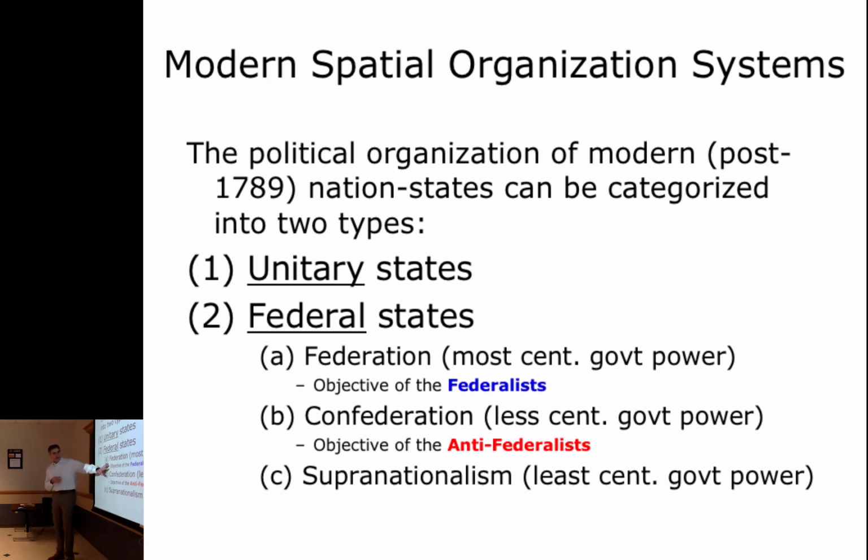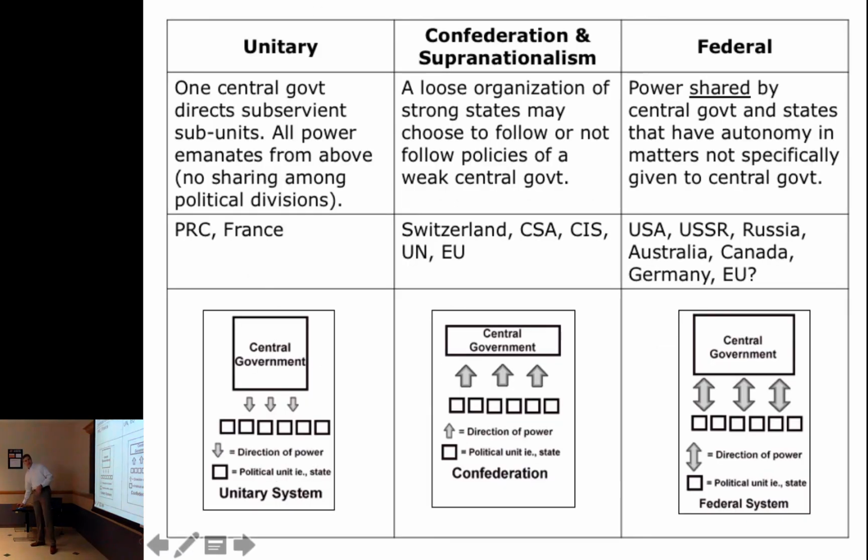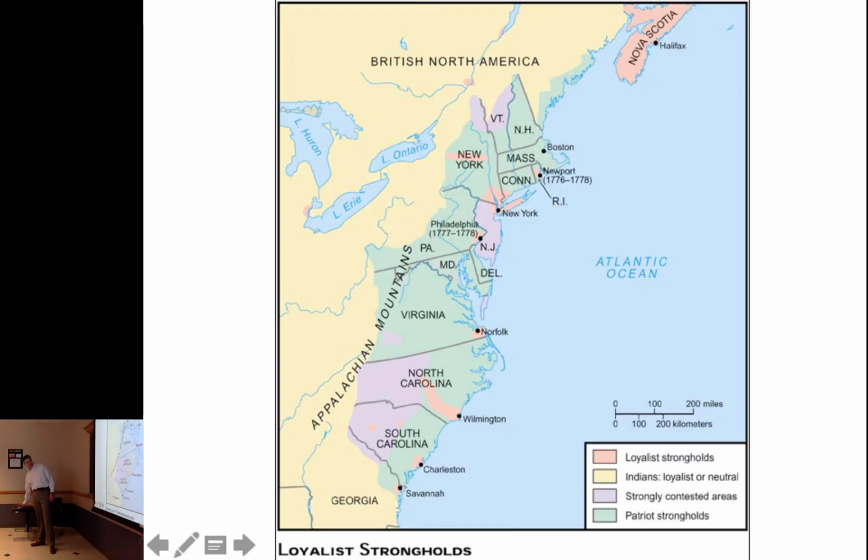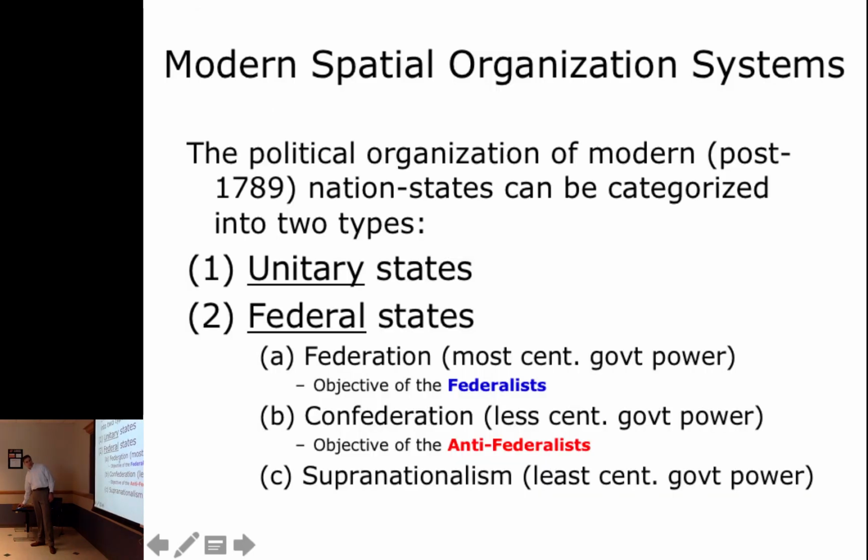Under the Articles of Confederation, the people who wanted to maintain a loose structure of entities with a very weak central power became known as the Anti-Federalists, with the Federalists wanting a central government and the Anti-Federalists wanting more of what we would call a confederation.